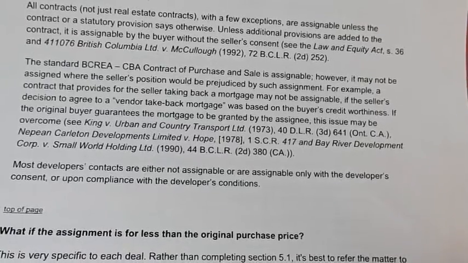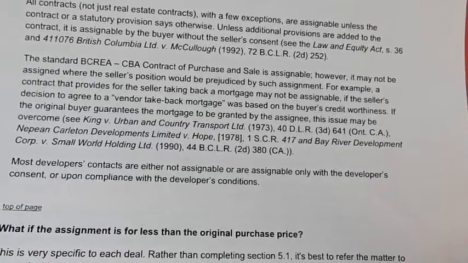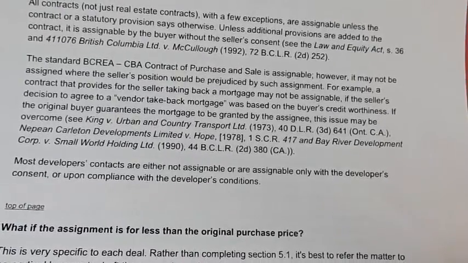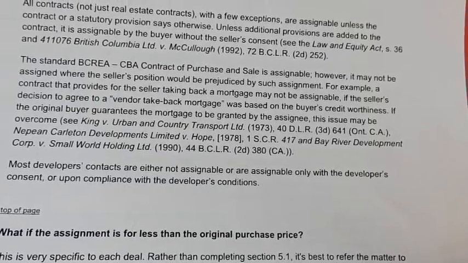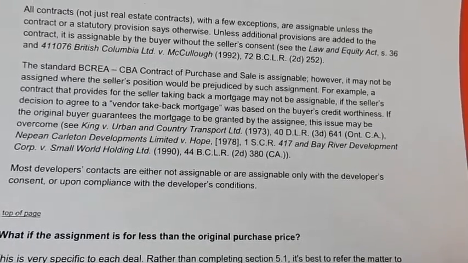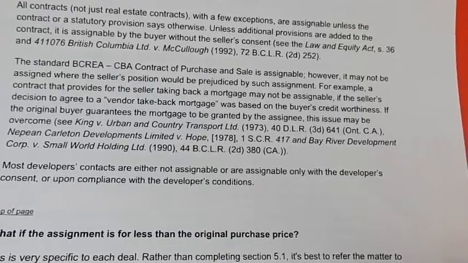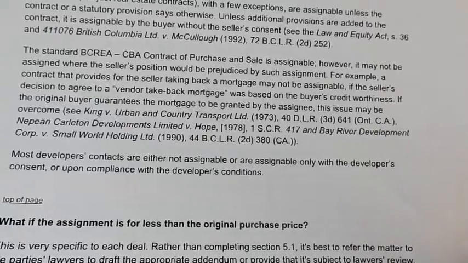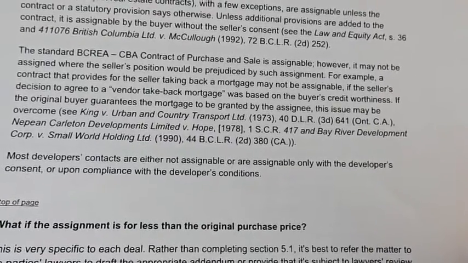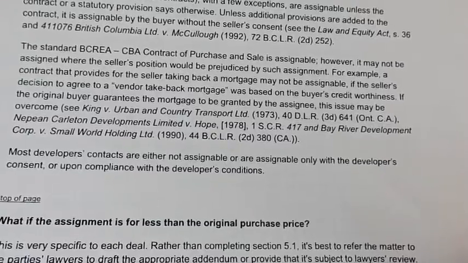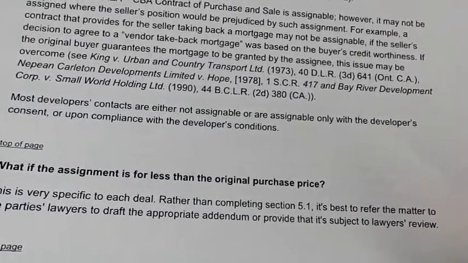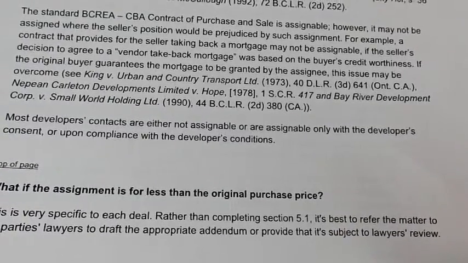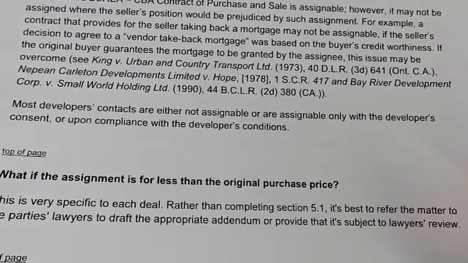See King versus Urban and Country Transport Limited, 1973, 40 DLR 3d 641, Ontario CA, Nepean Carlton Developments Limited versus Hope, 1978, 1 SCR 417, and Bay River Development Corp. versus Small World Holding Limited, 1990, 44 BCLR 2d 380 CA. Most developers' contracts are either not assignable or are assignable only with the developer's consent or upon compliance with the developer's conditions.